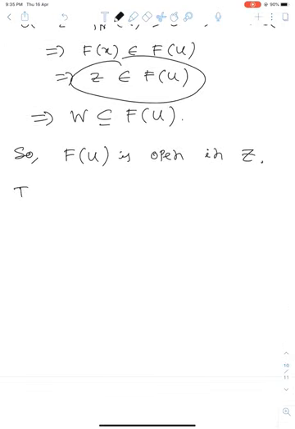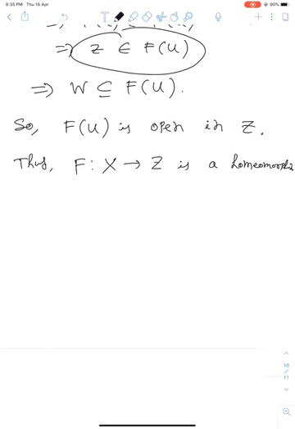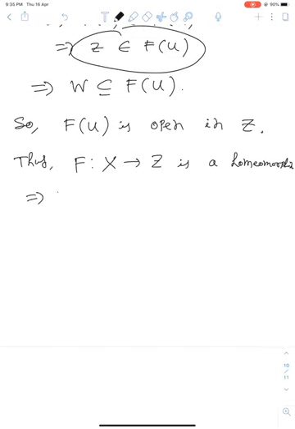So thus the function f from X to Z is a homeomorphism, right? So that implies X is homeomorphic to Z, which is a subset of R^ω.